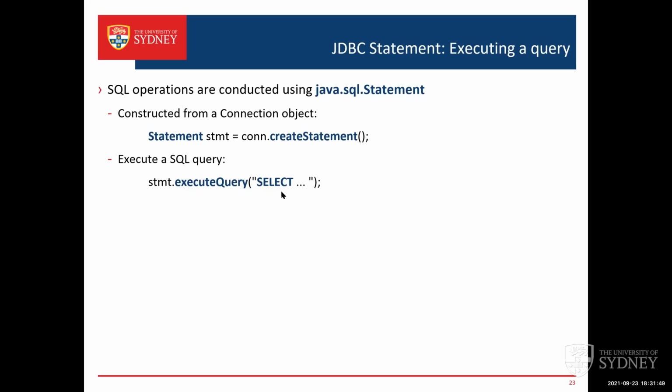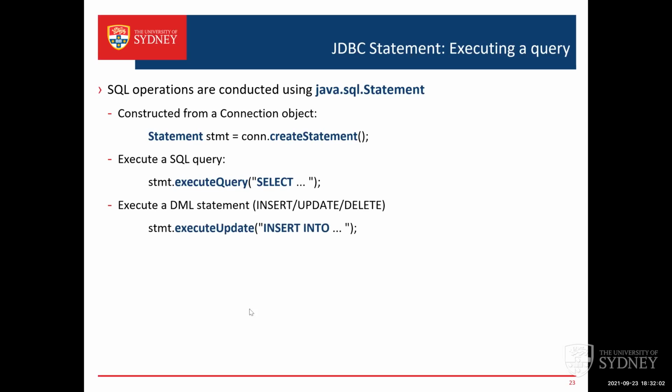So that's why there are two different methods. When we are writing select, at that time it will be executeQuery, and executeQuery returns something. It will return a result to us. We'll see that later. When we don't want to see any result as an output, at that time we need to write executeUpdate. That is the method name. You can write insert, update, delete, anything as a parameter inside there.